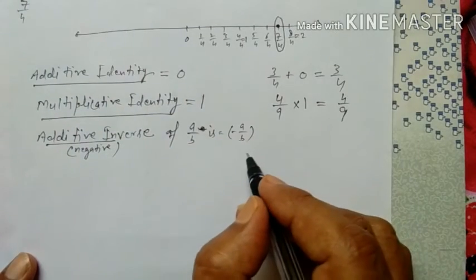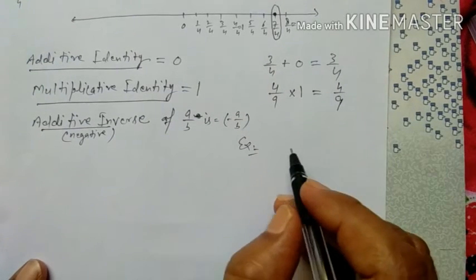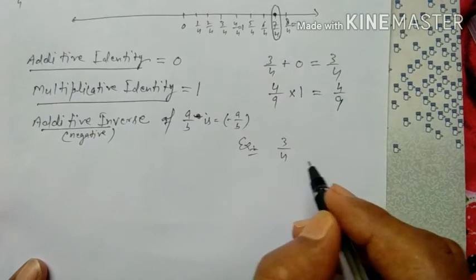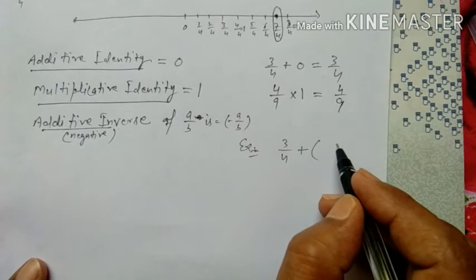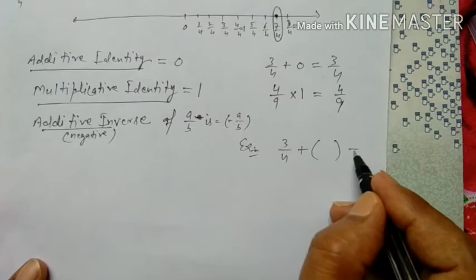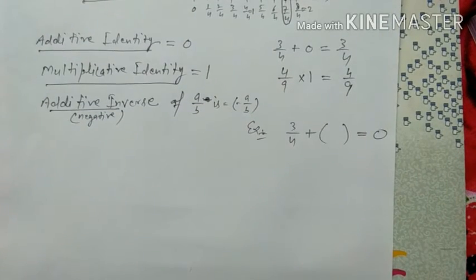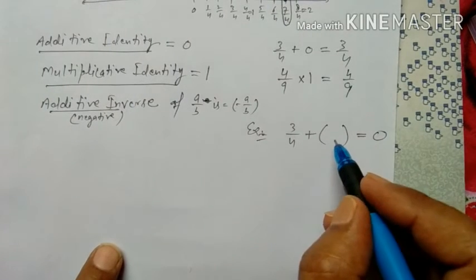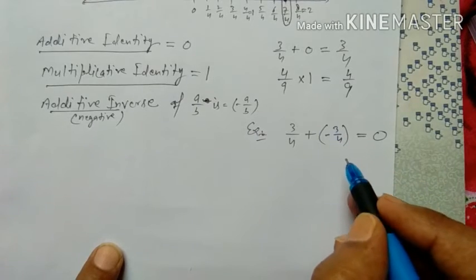For example, suppose here 3 by 4 plus, what you add here, you will get 0. So you will write here minus 3 by 4.